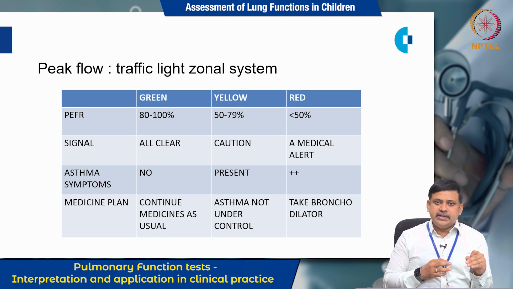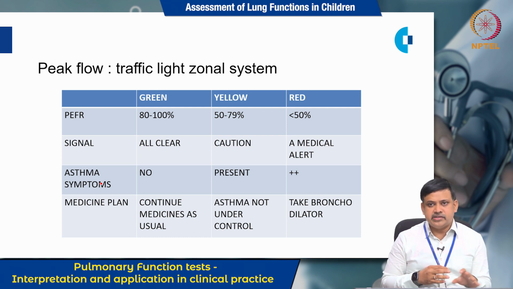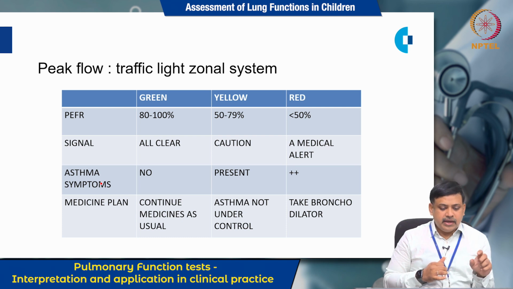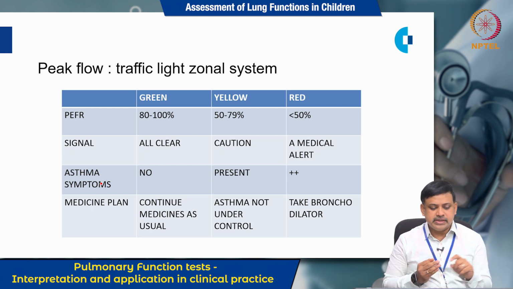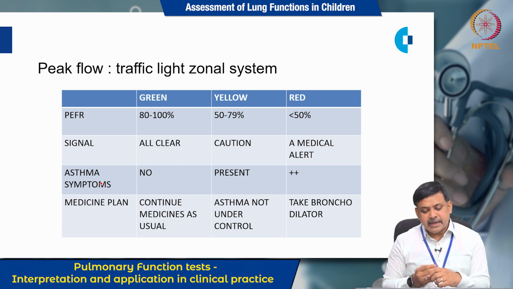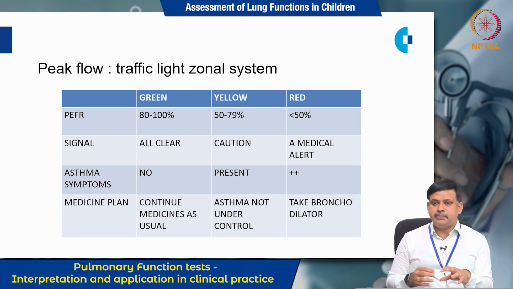The signal for green is all clear, yellow is caution, and red is a medical alert. Asthma symptoms: for green there are none, for yellow they are present, and for red there are more. Medicine plan: for green, continue the medicines as usual; for yellow, asthma is not under control; and for red, take a bronchodilator.